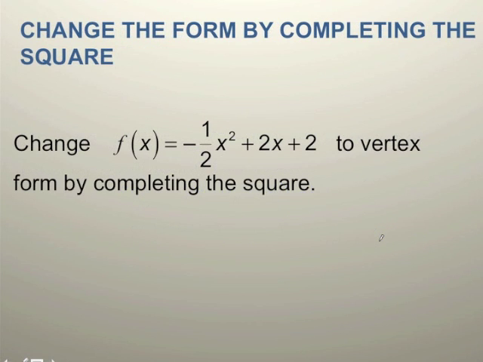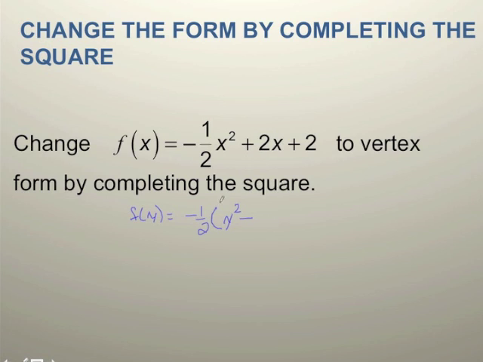Now let's try this one more time, and we have a negative 1/2 times an x squared. So f of x equals, let's take the negative 1/2 out of the first two terms, x squared. Now what do I take times negative 1/2 to get a positive 2? It will be a negative. Negative times a negative will be a positive.